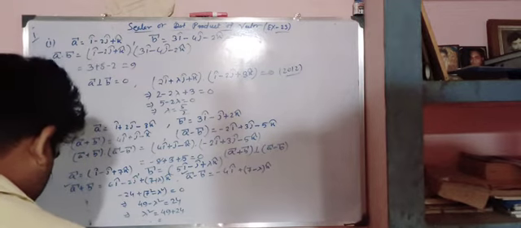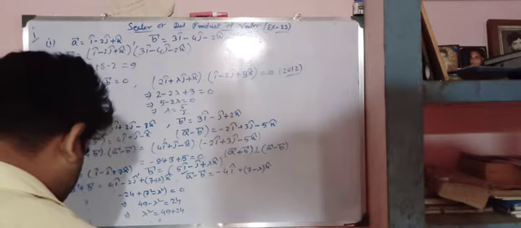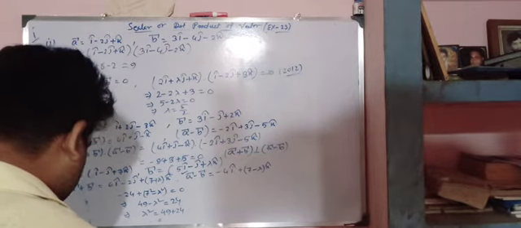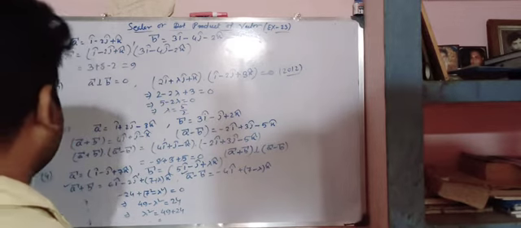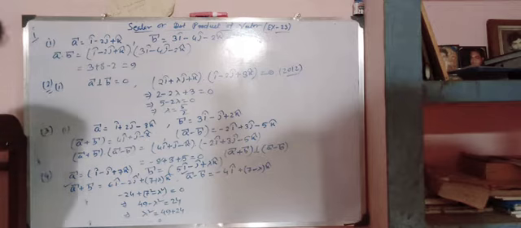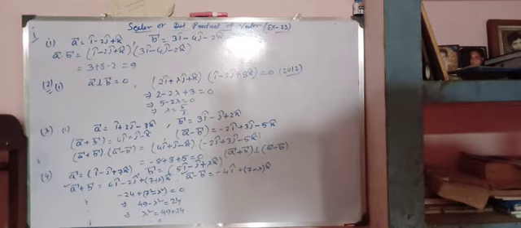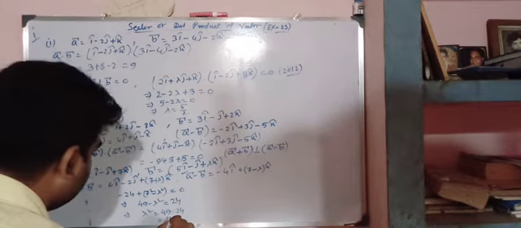Okay, so sorry, 49 minus 24, that is 25.